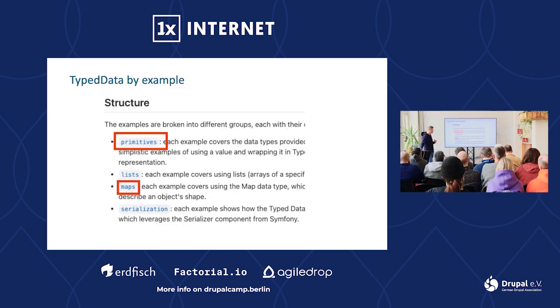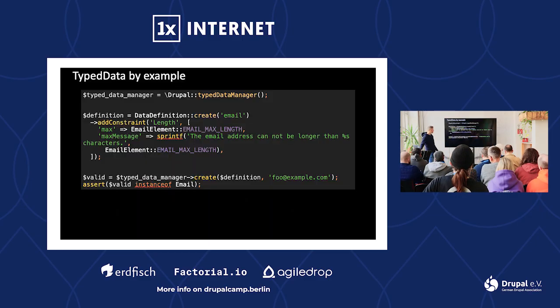What you can find there are examples of primitives, maps, lists, and serialization is quite not ready yet. But going with some primitives, you can see that we can create the definitions for email, how you can add the constraints, how different it is from Drupal 7, and so on. And of course, the manager is injecting some values and how you can validate or assert it, and so on. This is a primitive example.